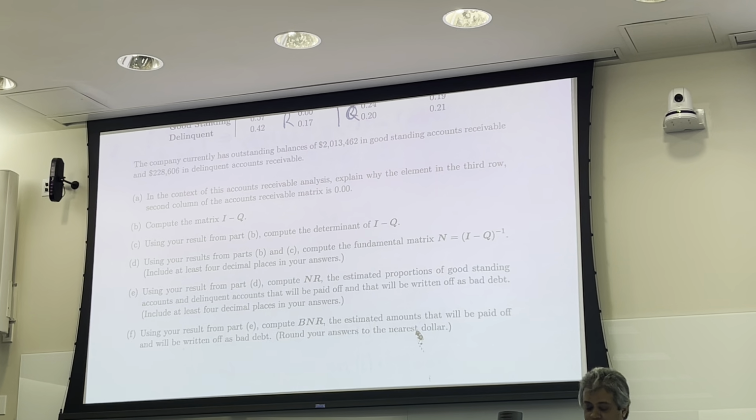Chances are this problem will be worded as: compute the estimated proportions of good standing. It won't tell you it's NR, but it is NR. Same idea here: using your result from the previous part, compute the estimated amounts that will be paid off and written off. So you'll have to know how to apply matrix multiplication in context.